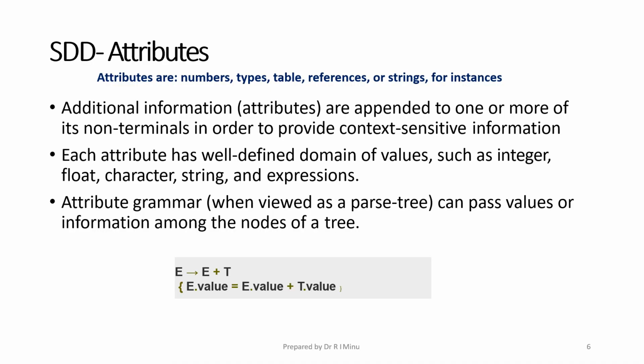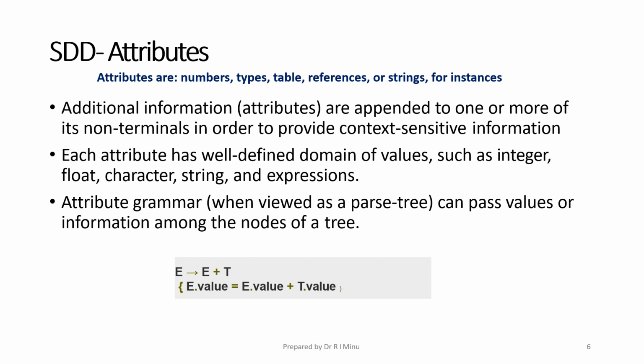Now SDT attributes. Attributes are numbers, types, tables, references or strings. So as we know, what are attributes? They come in a grammar symbol after a dot. It may be any value: a number, a type, a table or references.